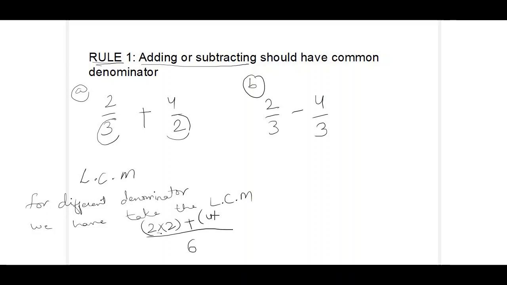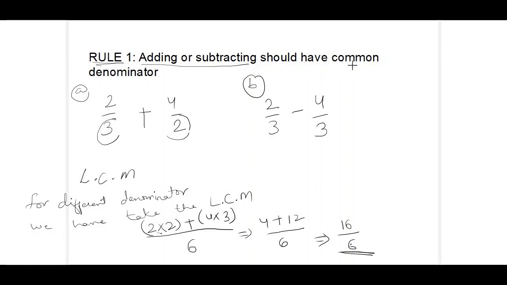So 4 into 3. 2 2s are 4 plus 4 3s are 12, 12 by 6. So our answer is 16 by 6.